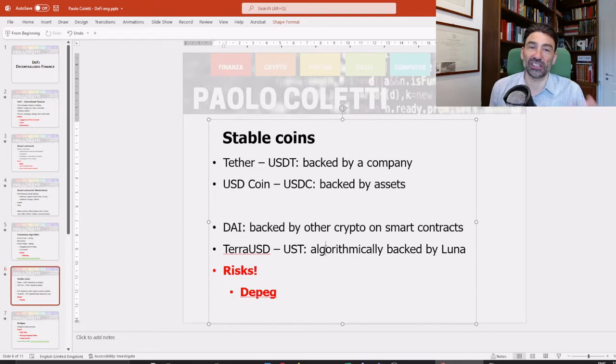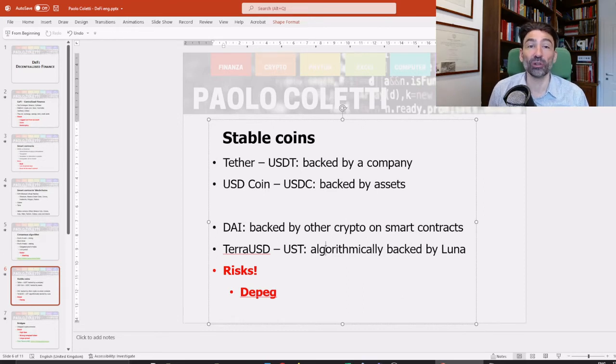And vice versa, it exchanges a certain amount of Luna for one Terra USD. So basically, the smart contract guarantees that Terra USD has a fixed value of $1, looking at the price of Luna on the major exchanges. If for any reason the price of Terra USD drops, let's say that at a certain point the price of Terra USD drops to 0.9, what will happen? The price of Terra USD drops from 0.9 in the current world market.